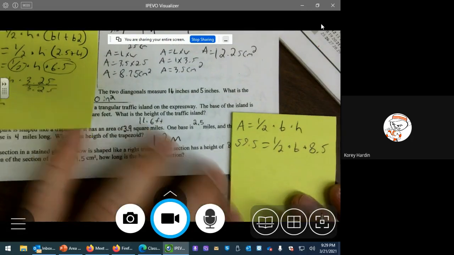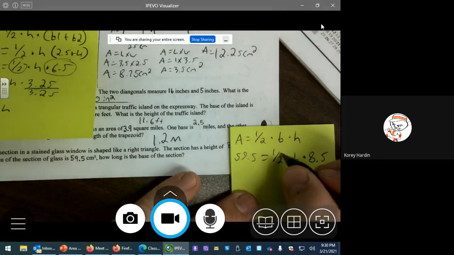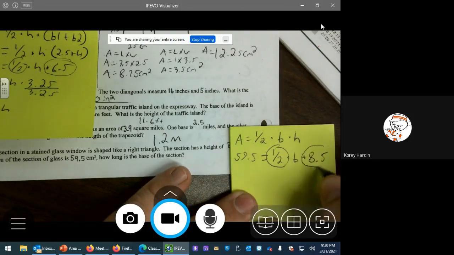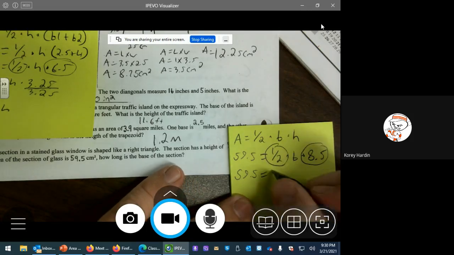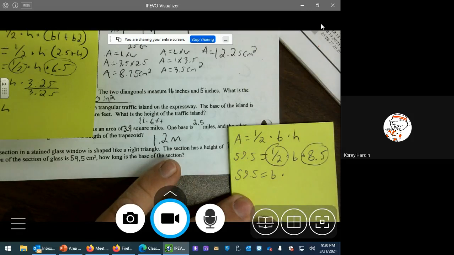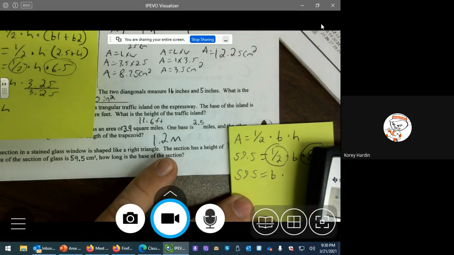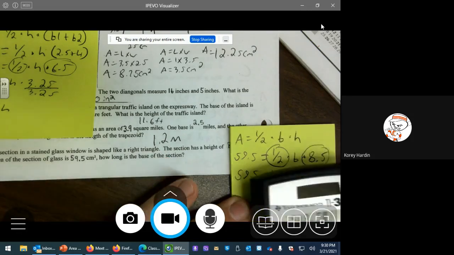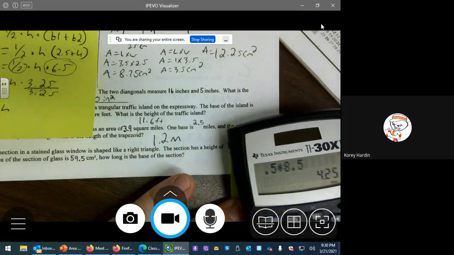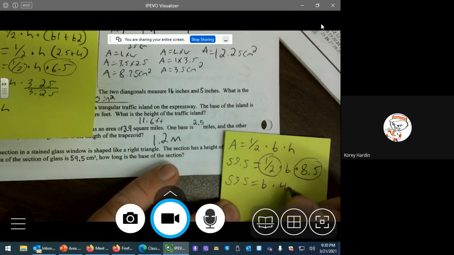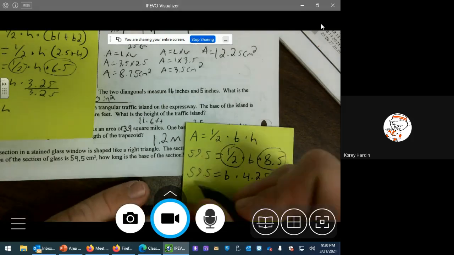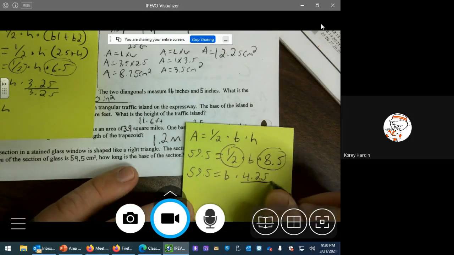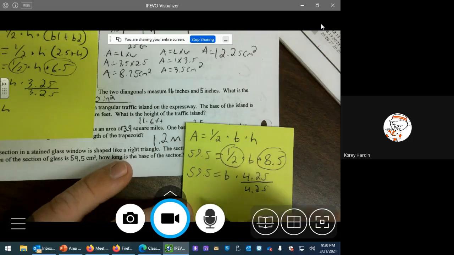Okay. So now I combine 1/2 and 8.5. So I've got 59.5 equals B times 0.5 times 8.5. And that gives me 4.25. Okay. So now I've got to divide by 4.25 to get the B isolated.